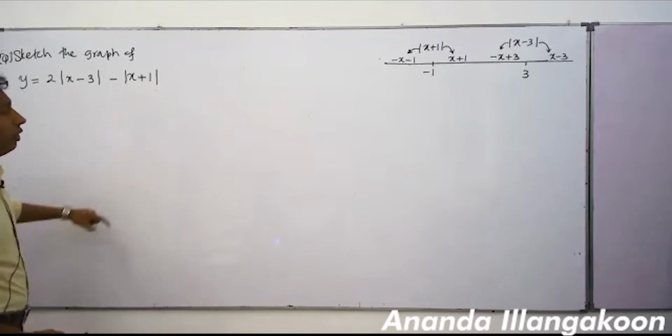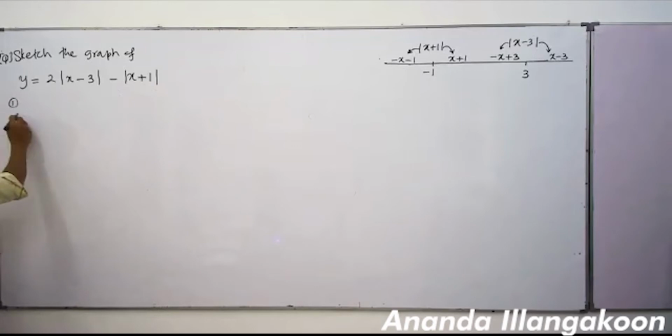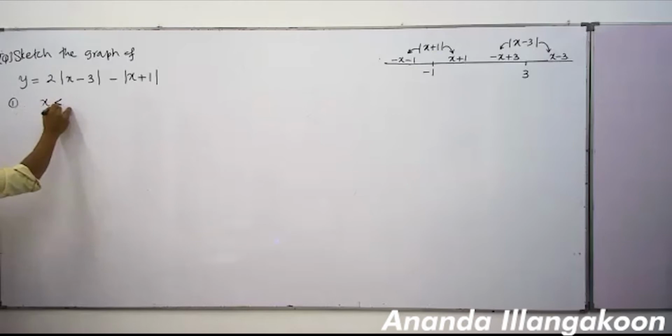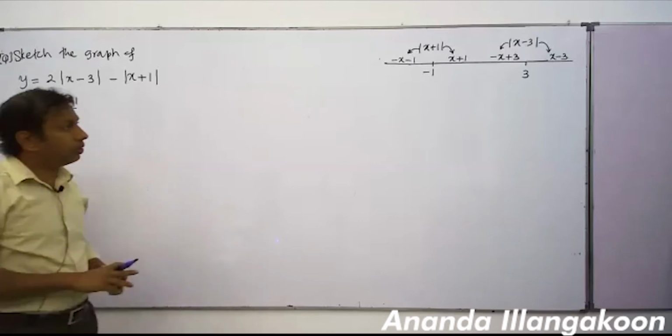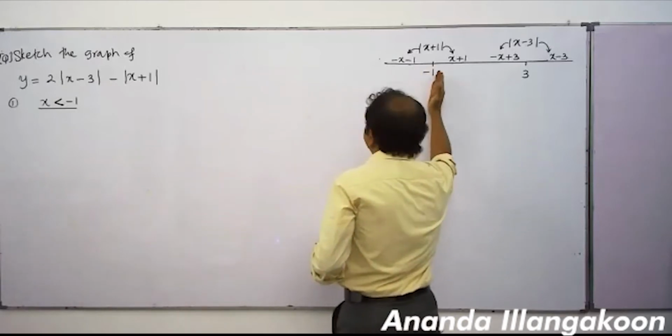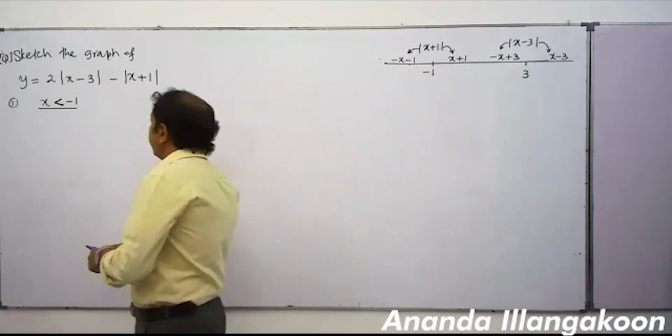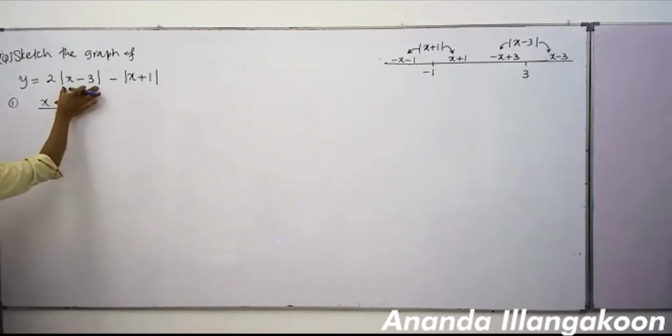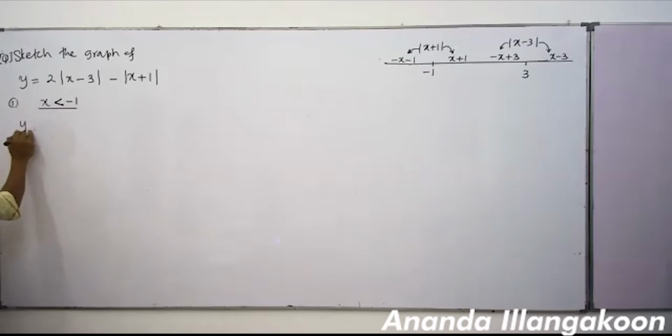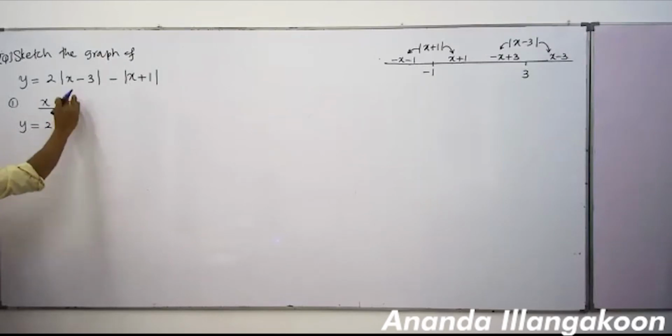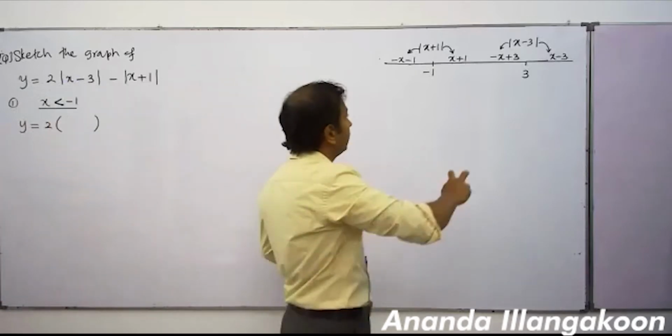So I am going to first take the interval x less than -1. That means on the left of -1, we have to determine this and this. y = 2|x - 3|.